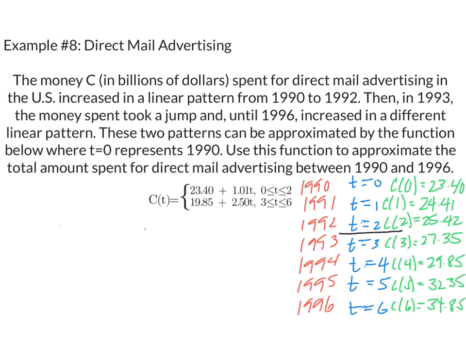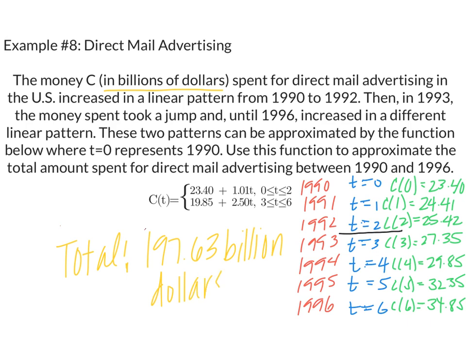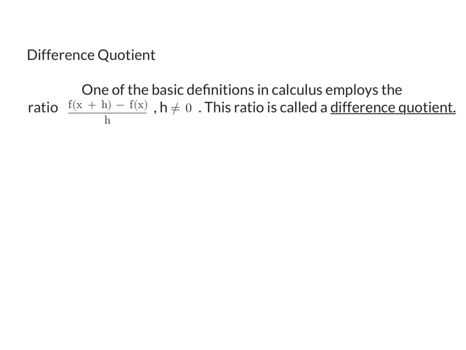So if I add that up, and again, these numbers are represented in billions of dollars, then our total is 197.63 billion dollars. All right, let's keep going.